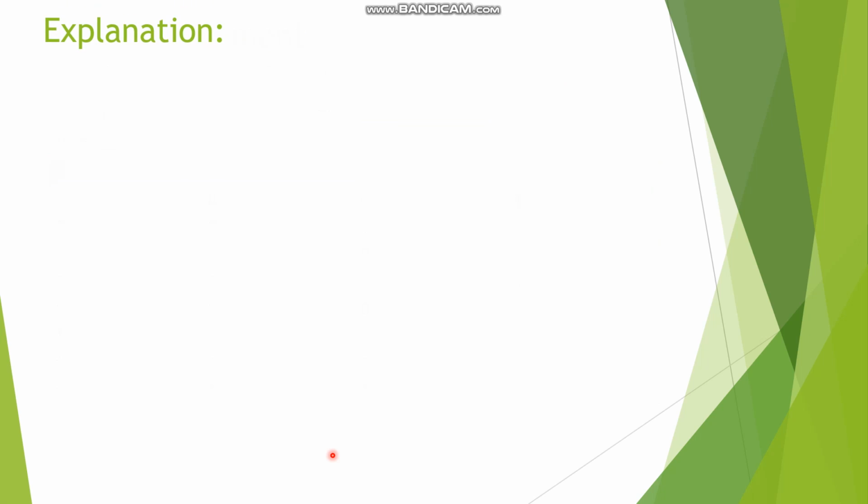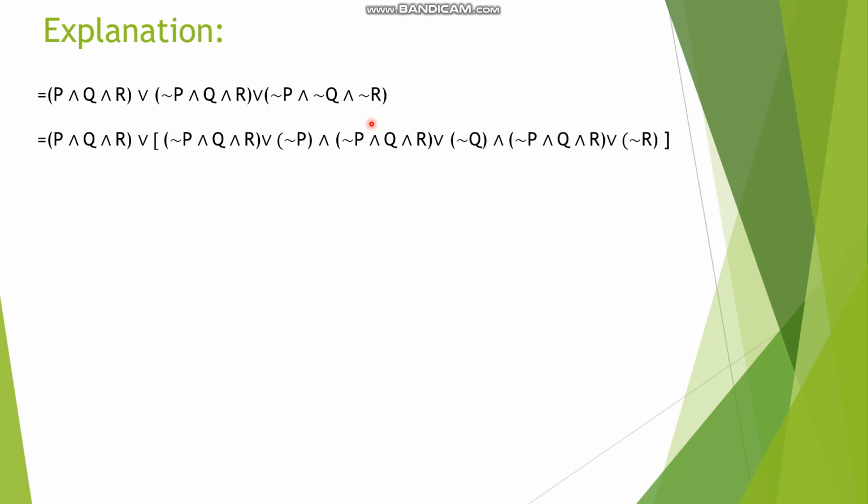Here I am going to give you an explanation about this. This is our main problem statement, P conjunction Q conjunction R. Let's move to the next step. We keep the first statement as it is, and we apply the Boolean equations on the next two operators.